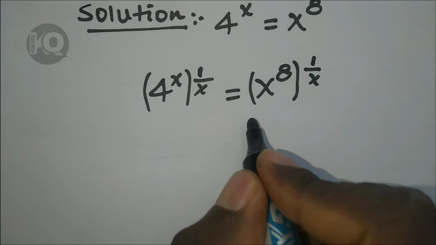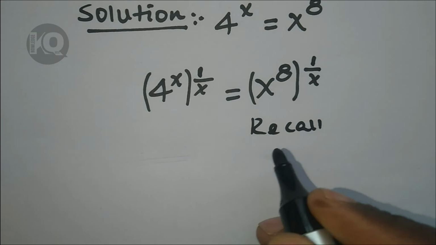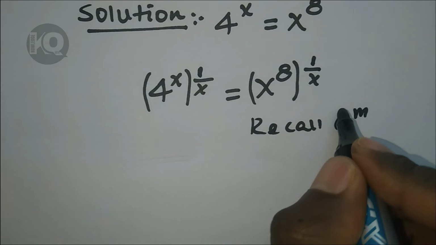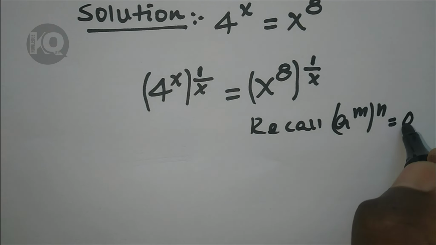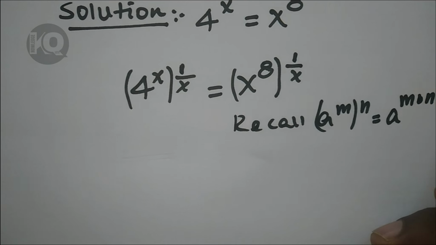Now recall that a to the power of m times n equals a to the power of m, times n.